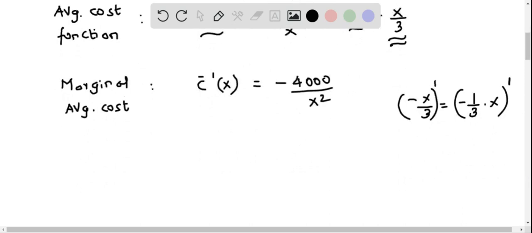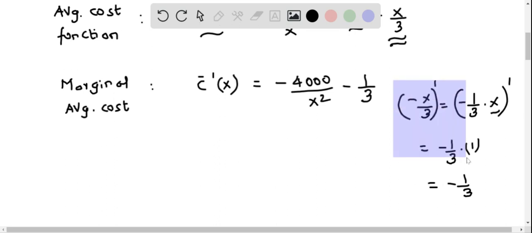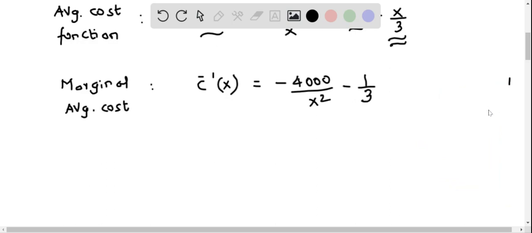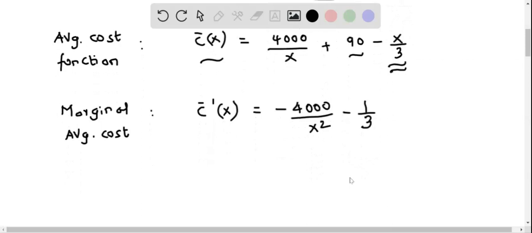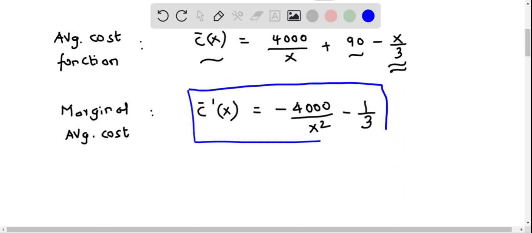When we apply the constant multiple rule, we keep the constant negative 1/3 as it is, and the derivative of x is just 1. So the derivative is simply negative one third. Now we have the marginal average cost function, represented as C bar prime of x.